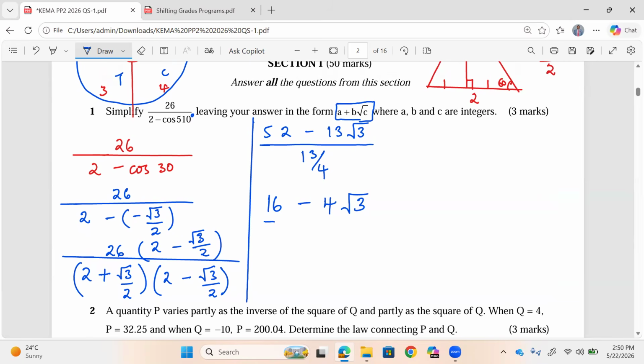Of course, at a simplified level, we can have the 4 being factored out to remain with 4 minus the root of 3. But in this case, we've been directed to have this format. So the final answer now, according to the instructions, should be 16 minus 4, the root of 3.